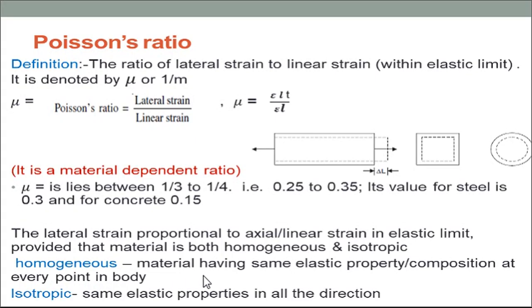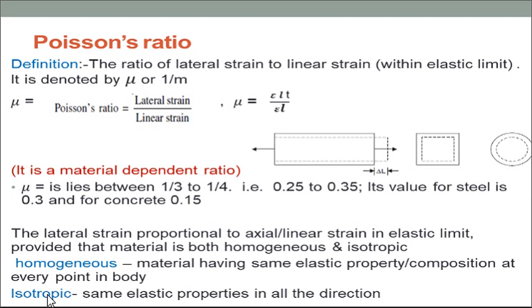Homogeneous, as we already know, means the material has the same elastic properties or composition at every point in the body. And an isotropic material is one that has the same elastic properties in all directions.